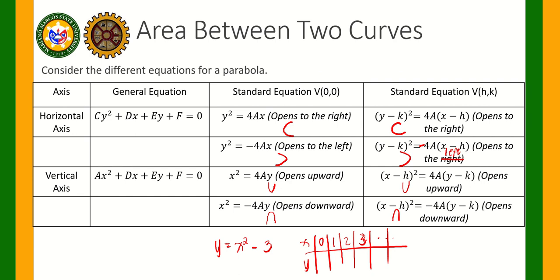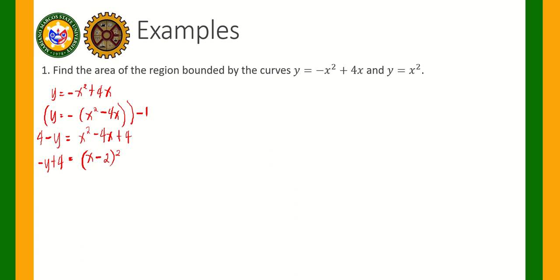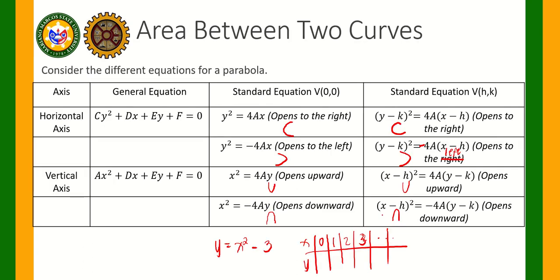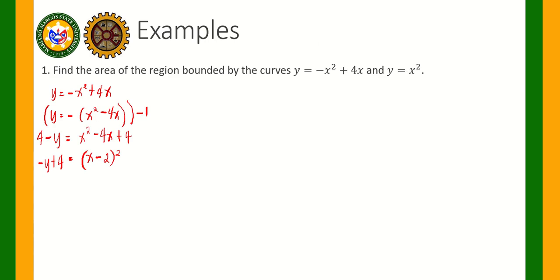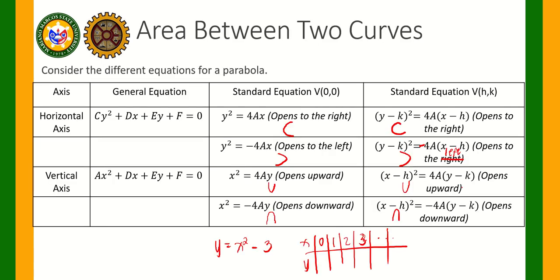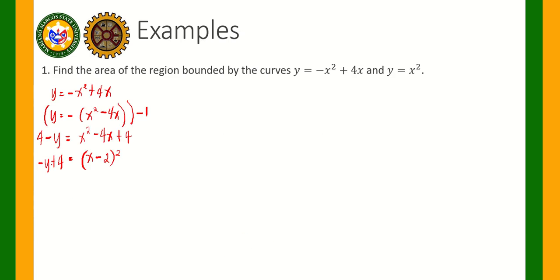It follows the format of the standard equation having a vertex hk in the vertical axis. So, we have x minus h. So, yung h natin is 2. Now, for our k, dapat y minus k. So, what will we do para maging y minus k to? Okay, so we isolate si negative ulit. So, that will be negative times y minus 4. This is equal to x minus 2 quantity squared.